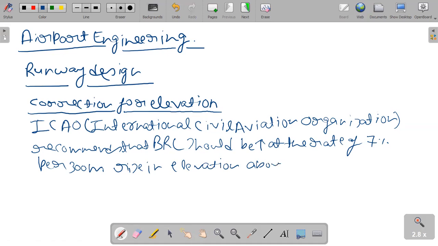This is about the correction for elevation.